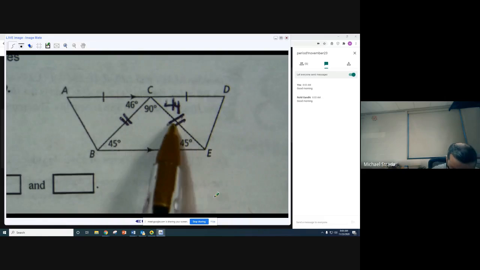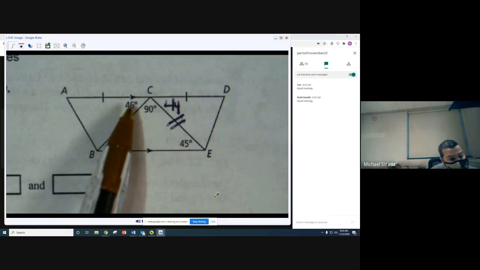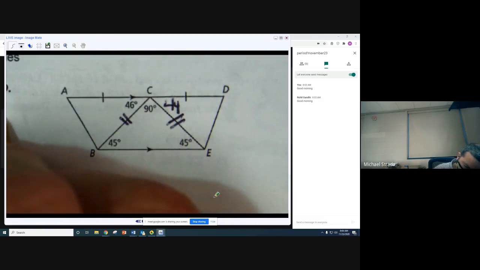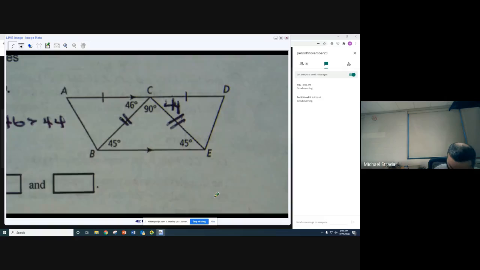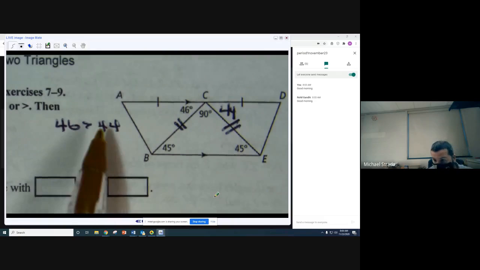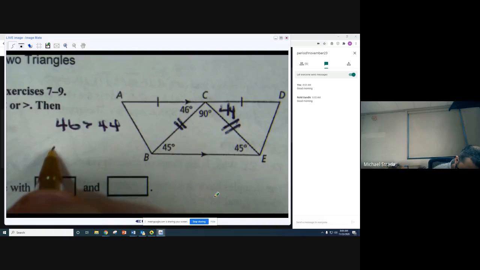I got a pair of sides there that are congruent, and they mention the included angles, which measure 46 and 44. You set up your inequality in either direction. 46 is bigger than 44. As a result, all right, opposite 46 is AB.